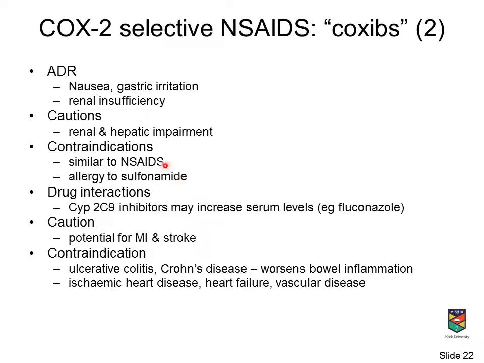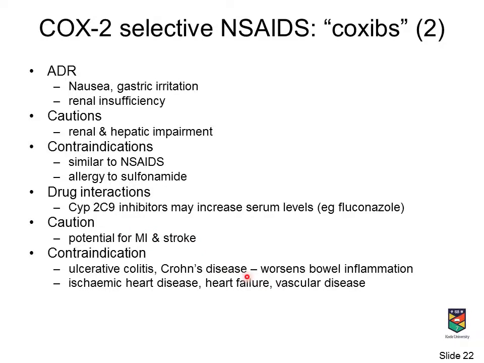Otherwise, the contraindications are similar to other NSAIDs, and if patients have got an allergy to sulfonamide, you shouldn't use them. Unsurprisingly, if you use it alongside another drug that inhibits 2C9, then you run the risk of increasing the serum levels, and you should be thoughtful about that because, as I said, these drugs have been linked to myocardial infarction and stroke. So if you think the patients could be at risk of that, be cautious.